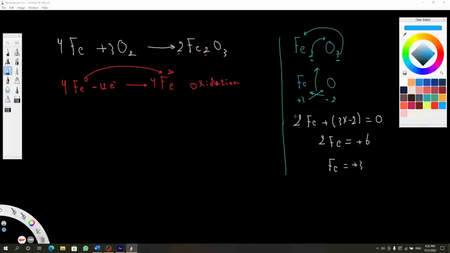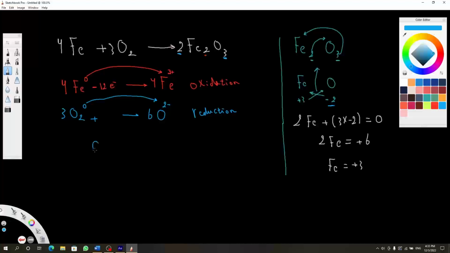Now, do the reduction. We have 3 O2, oxidation state 0, and on the products we have 6, 2 here multiplied by 3, so we have 6 oxygen ions. Oxygen, as we've mentioned, has an oxidation state of 2 negative. We've calculated it. We know how to find the oxidation state now, so that's 2 negative. So how many electrons did oxygen actually gain?